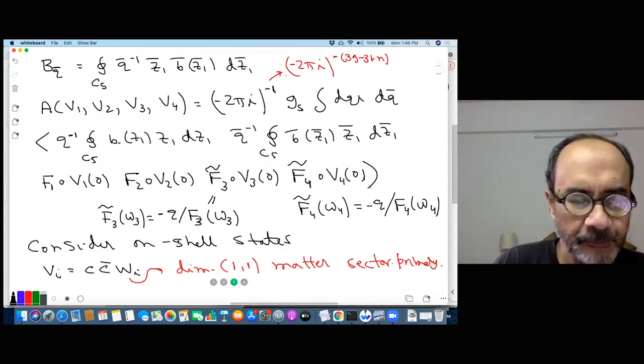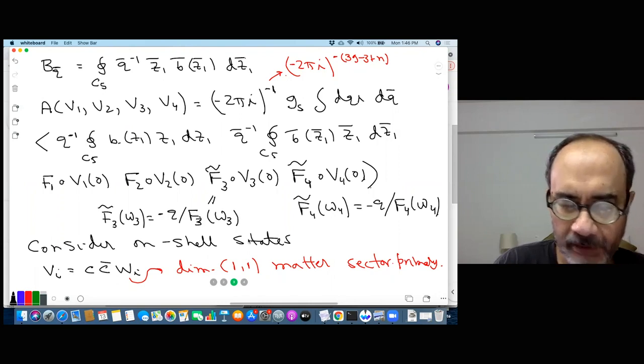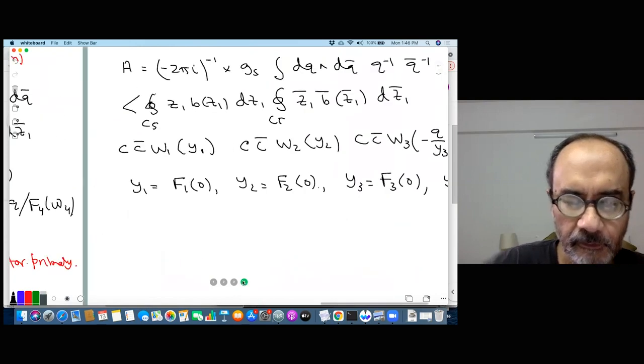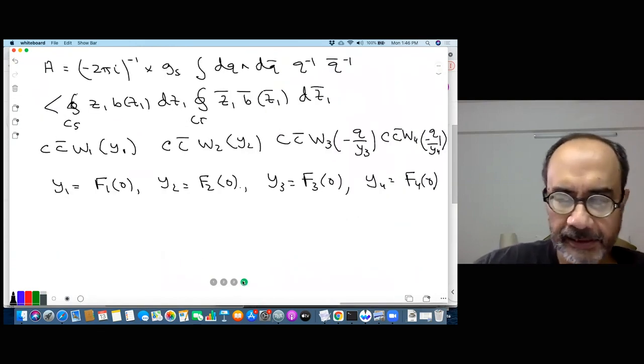All that happens is in the argument, we get V1 of f1(0), and f1(0) is what I'm calling y1, f2(0) is y2. Here you have V3 of f3 tilde of 0, but f3 tilde of 0 is minus q over f3(0). That's minus q over y3, and so on. I hope this is clear.